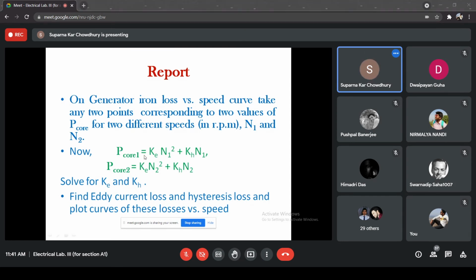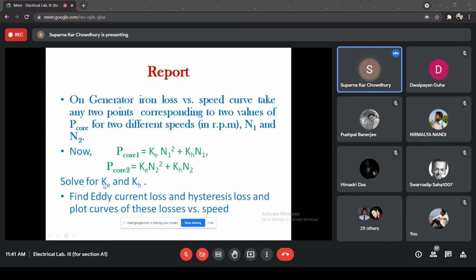So P core 1 for speed N1 is Ke N1 square plus Kh N1, and P core 2 is equal to Ke N2 square plus Kh into N2. Now we have got two equations, we know these losses, so we can find out these two constants.